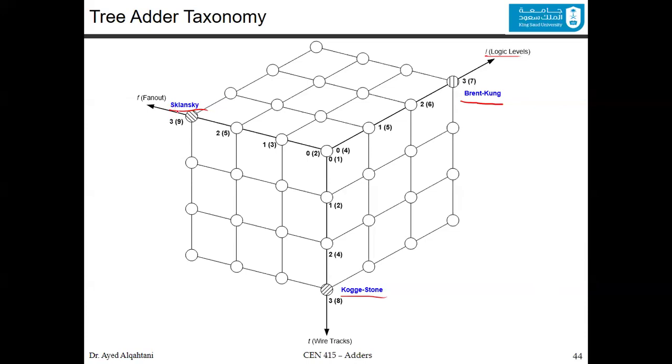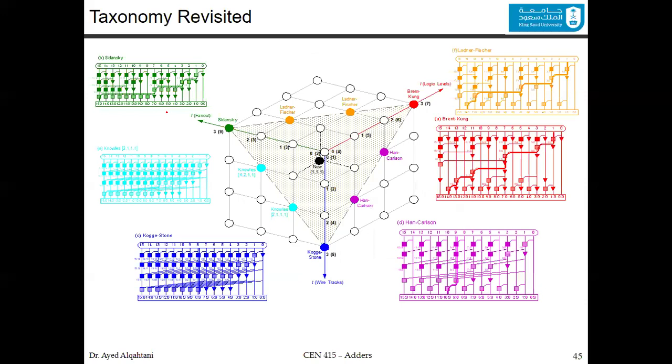Now, you can see the other types in the next figure, where you have the Ladner Fischer with two types, the Han Carlson with two types, and Knowles with two different types. This triangle is those types that we just showed.